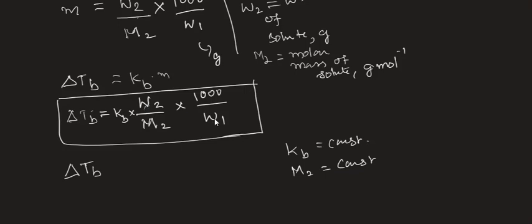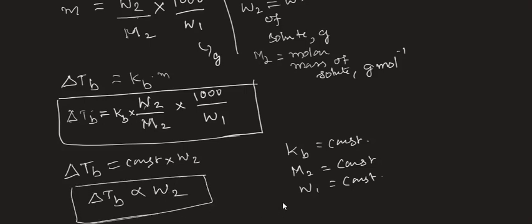You have taken a fixed quantity, so W1 is constant. The only variable here is W2. So delta TB is equal to a constant into W2. It means delta TB is dependent on the amount of the solute present. Likewise, we can prove similarly that delta TF is also dependent on W2.